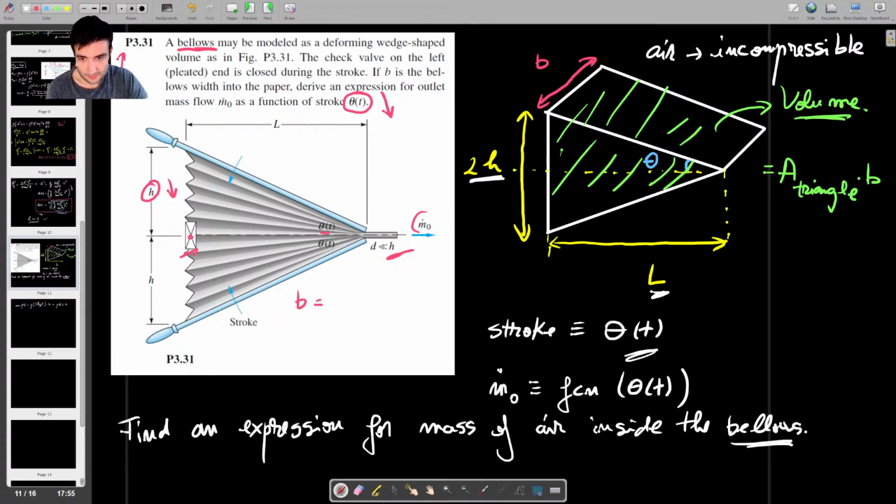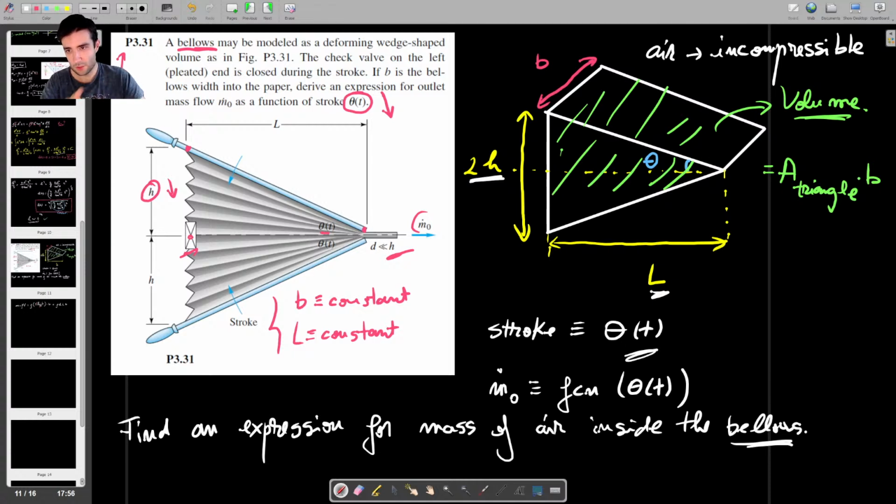So I'm going to write here that B is constant, which is good. We like finding constants in our problem. And the other thing that's constant is L. So L is also constant. L is basically the horizontal projection of a leg. I think it's called a leg. Yeah, so L is the horizontal projection of one of the legs of the bellows.